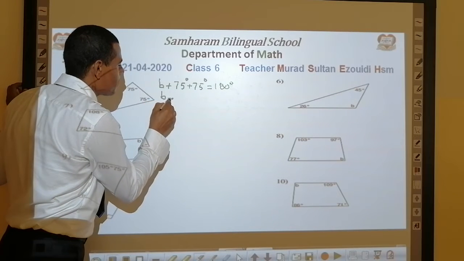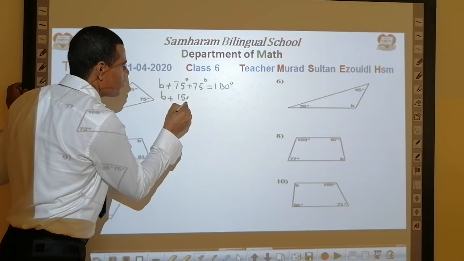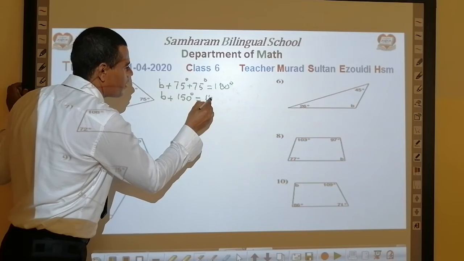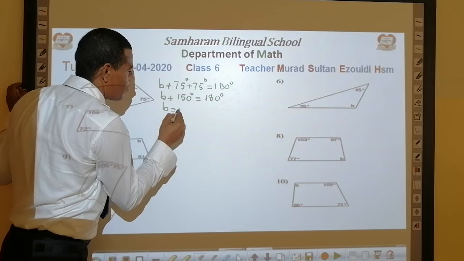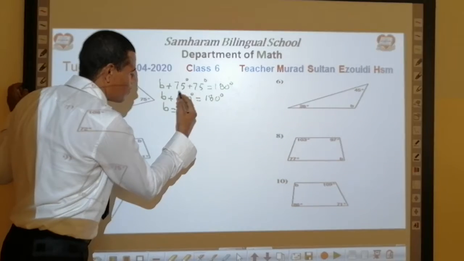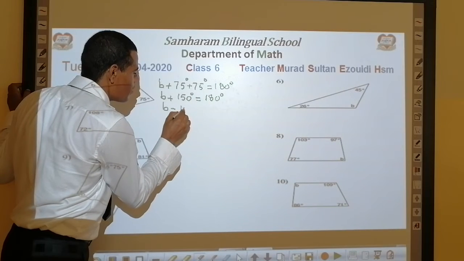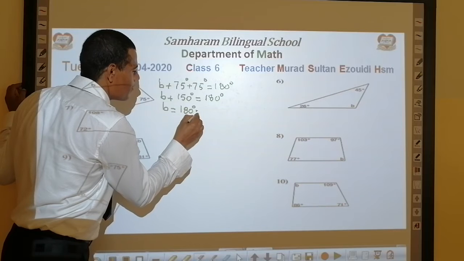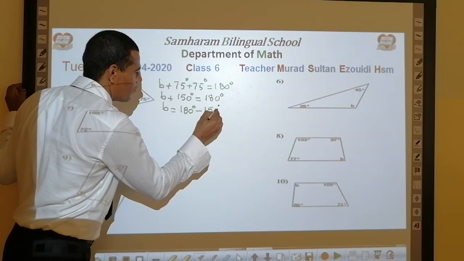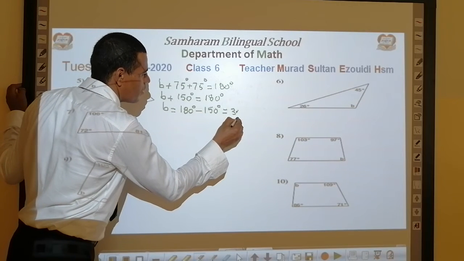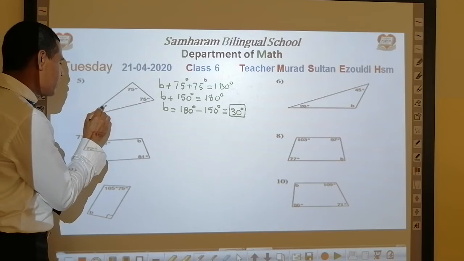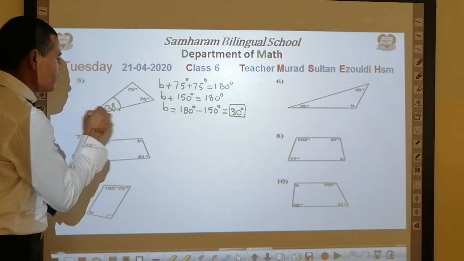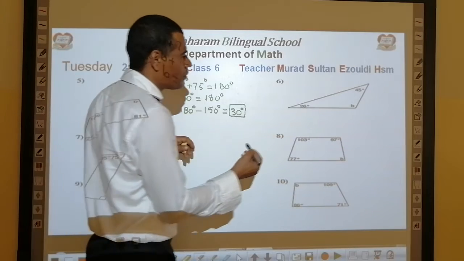So it will be b plus 150 degrees equal 180 degrees, which means that b equals, after subtracting 150 from both sides, 180 minus 150 degrees, which equals 30 degrees. So b equals what, my kids? 30 degrees.